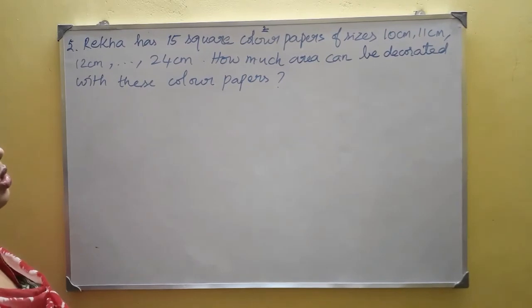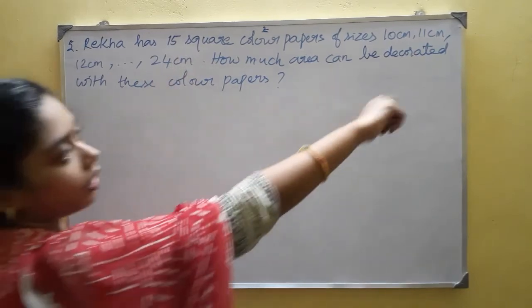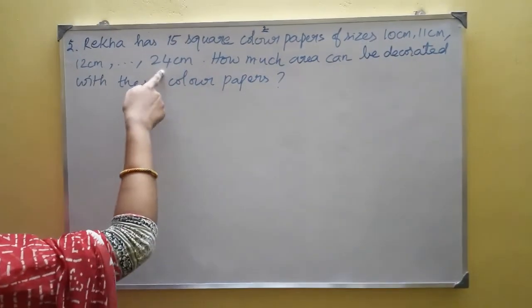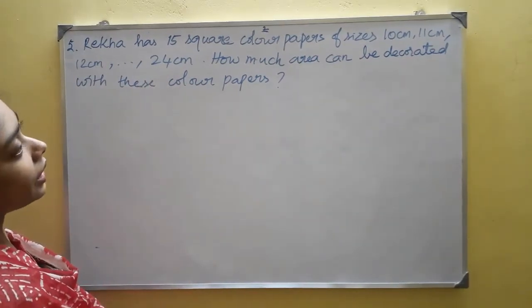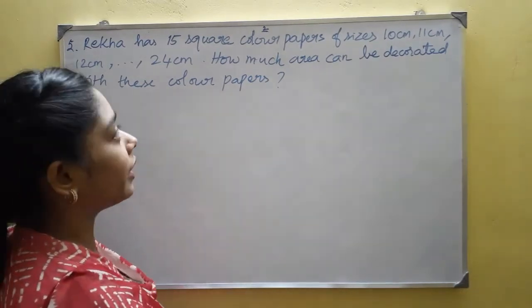Rekha has 15 square colour papers of sizes 10 cm, 11 cm up to 24 cm. How much area can be decorated with these square papers? So Rekha has 15 square papers, one square paper's side is 10, another's side is 11, and up to 24. How much area can be decorated means you want to find the area of each square paper and add it.